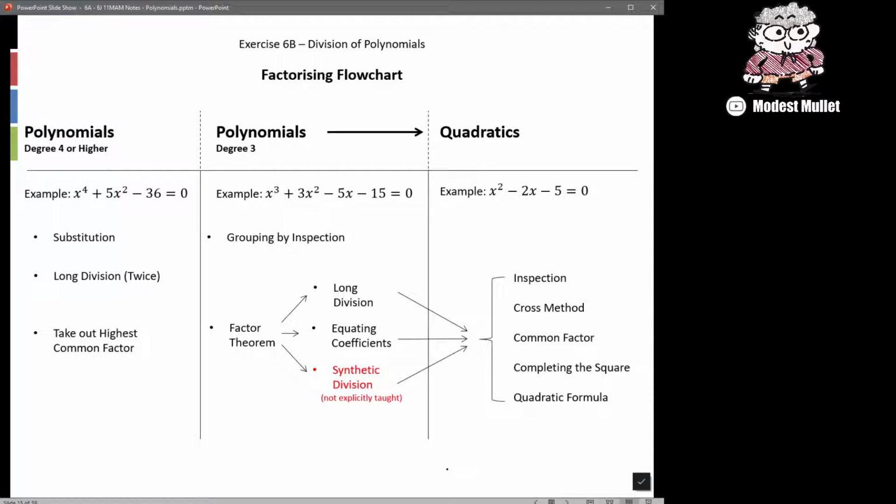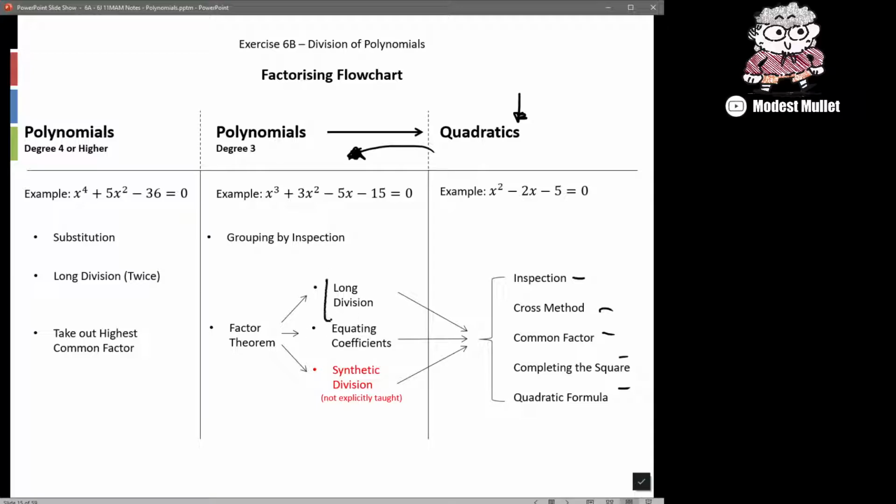There's a sort of flowchart that breaks down the ideas of how we'll try and factorize. We've started with quadratics as the easiest one: inspection, cross method, common factor, completing the square, quadratic formula. Now coming to cubics, and we'll just look at those for now. You can group via inspection, but it needs to be really obvious to stand out.